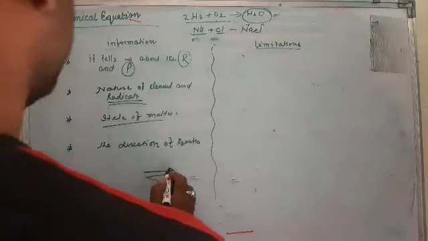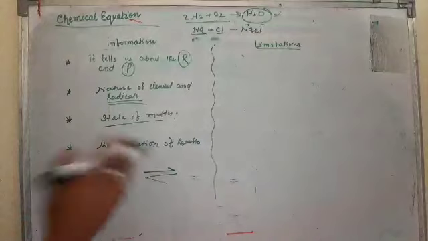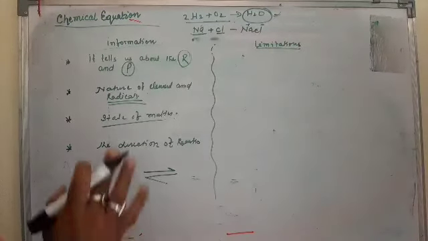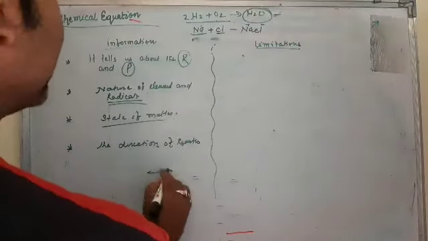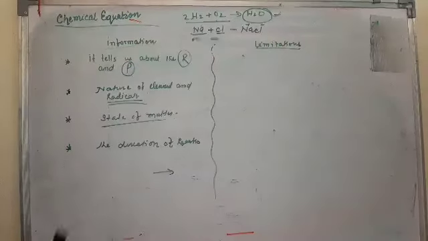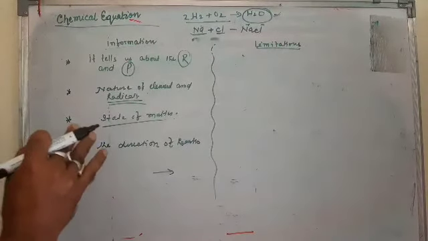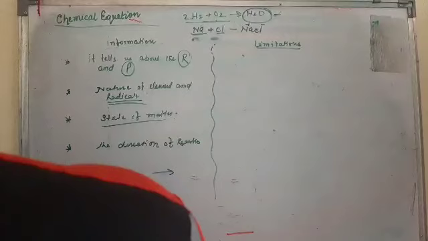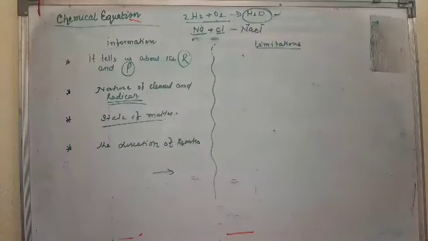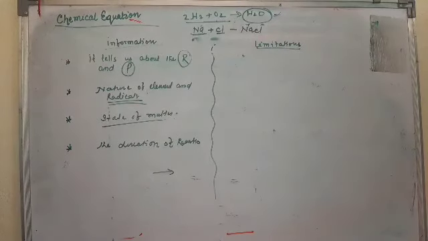So by this sign we can make clear that it is a reversible reaction or irreversible reaction. Okay. So these are the information we gathered. The chemical equation tells us about the reactants and products, the nature of the elements and the radicals, state of matter and the direction of reaction.